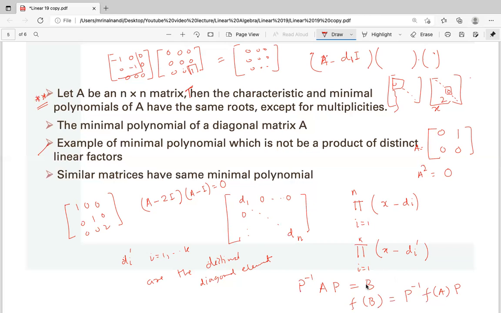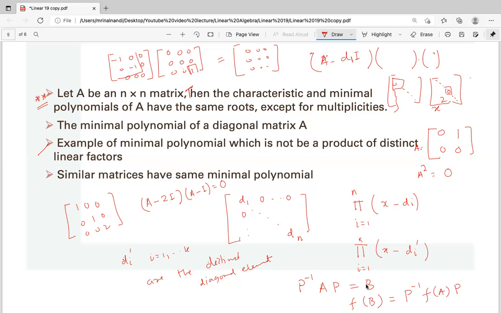And if f of B is null, then f of A is also null. And the same thing we can say for the monic; f is the minimal one.